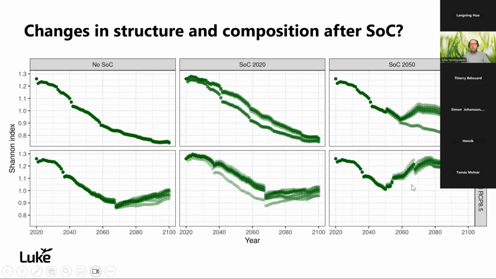And then things are developing much more interestingly under 8.5, where the storm in 2050 creates more space for diversity, or tree species diversity. So there are more opportunities with climate change for new tree species, and those can flourish better in no-management conditions after a major storm.